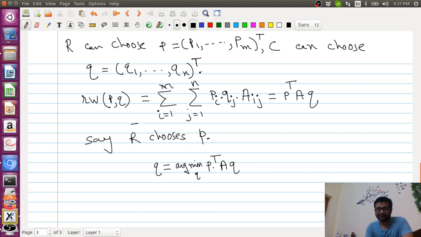For a given P, let's say R chooses P hat, and the Q hat that C chooses is the vector Q that minimizes this quantity, P transpose AQ.